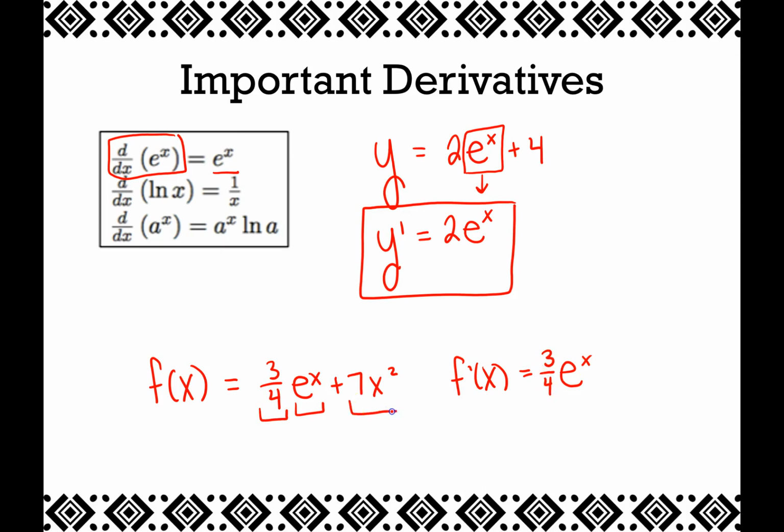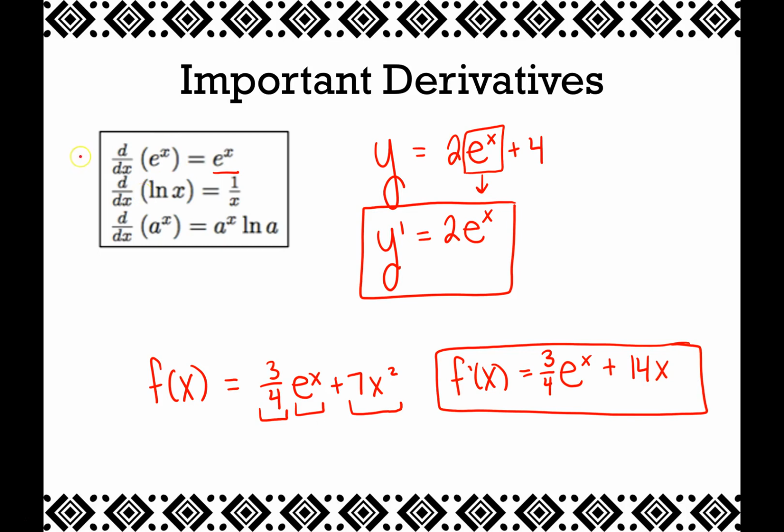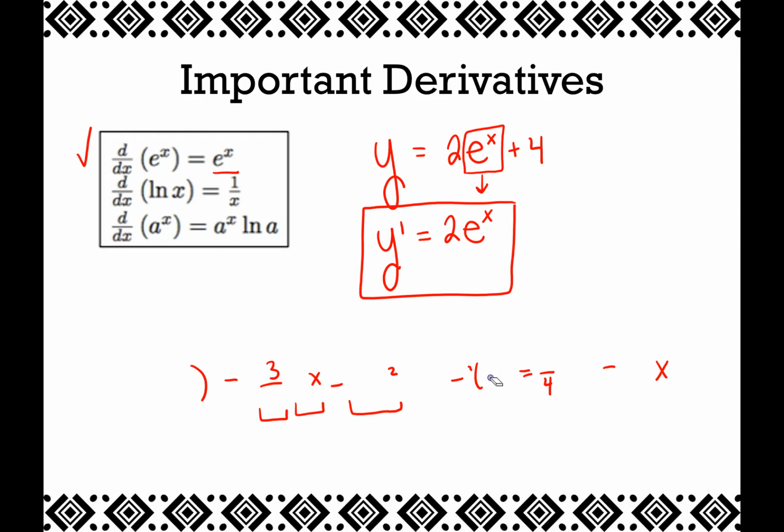And then this here is called the power rule, where we've been practicing this a lot, where you bring that 2 down in front. 2 times 7 is 14, and then x to the first. We don't have to write the first. All right, there we go. So we have practiced this first one, and just remember that the derivative of e to the x is simply e to the x. We're going to do that so many times that you will eventually have that memorized if you don't already right now.